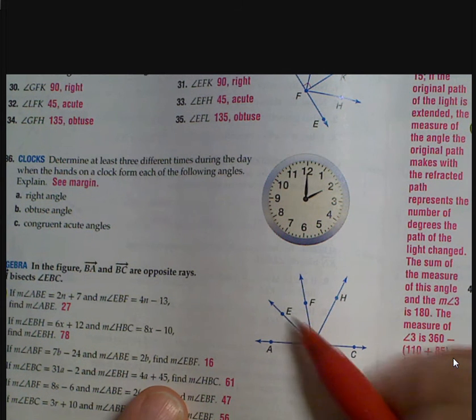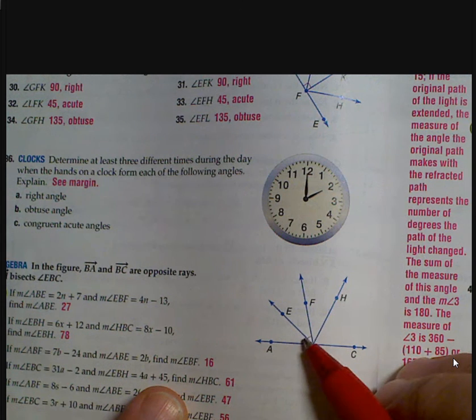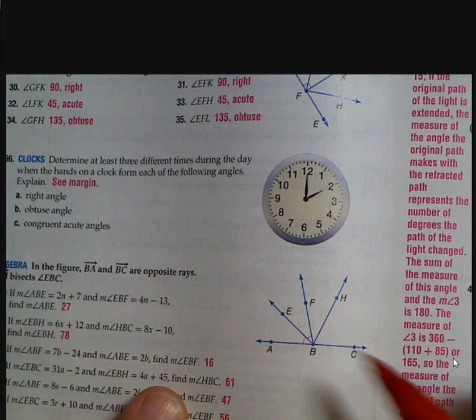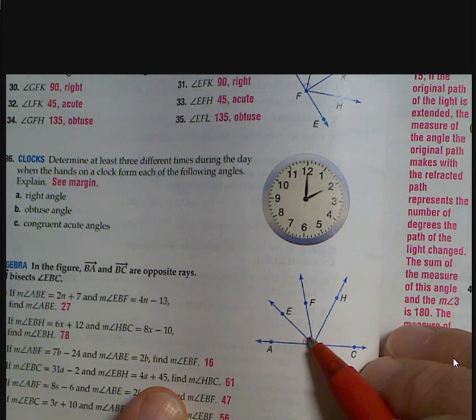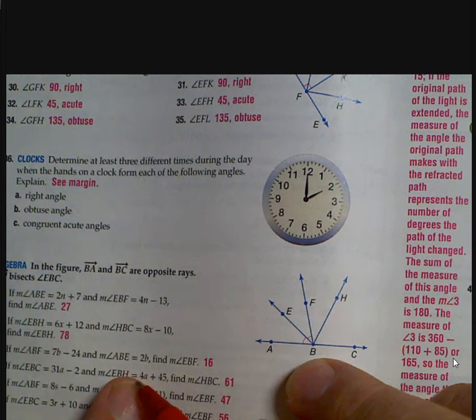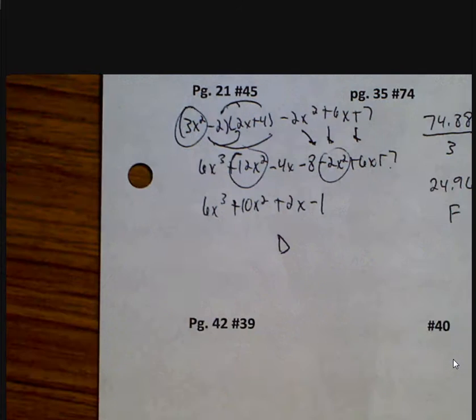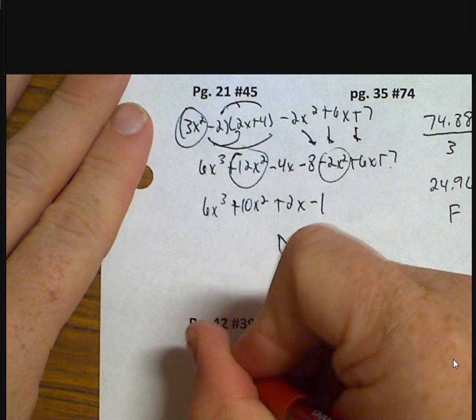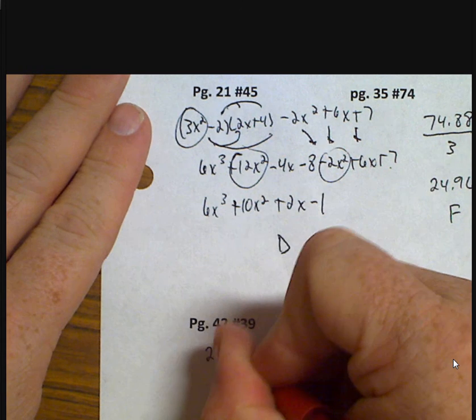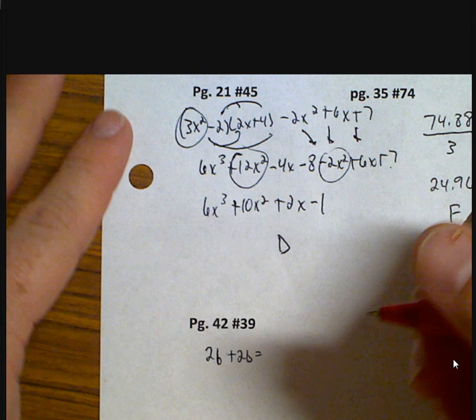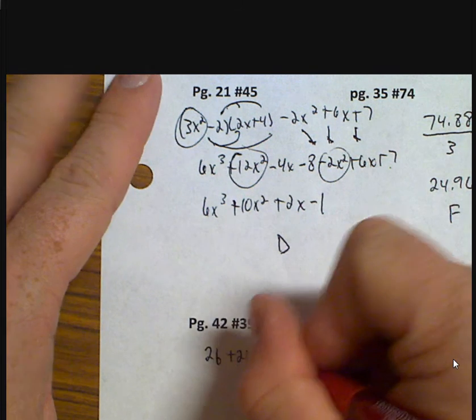Find EBF. I know that these are the same angle because that's what this little line matching tells me, so I know that I actually have two 2b's. And those two 2b's, 2b plus 2b, has to equal the whole angle, and the whole angle was 7b minus 24.